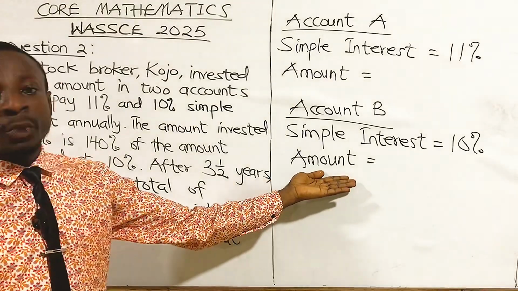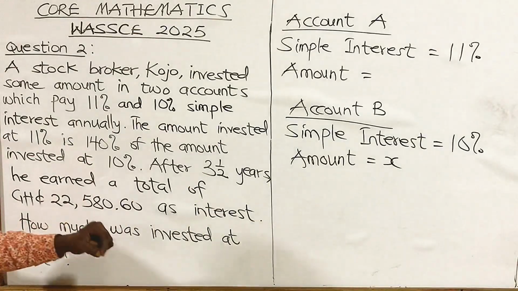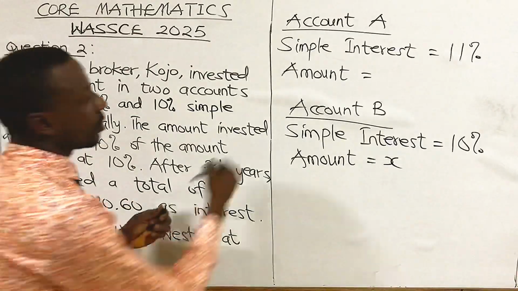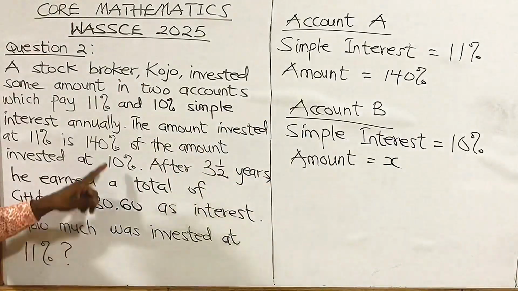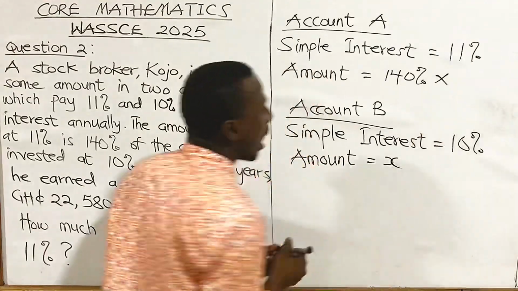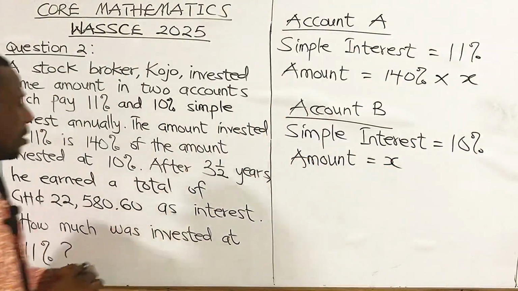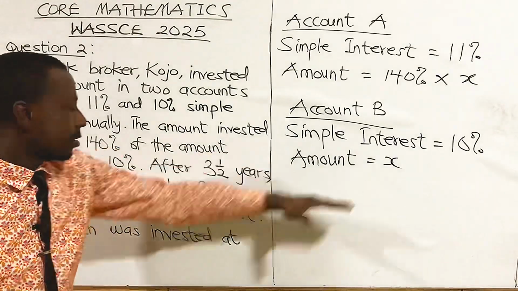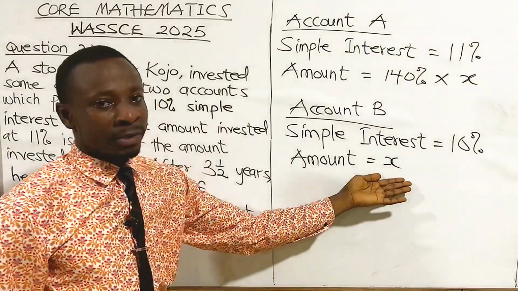So the amount in account B, I am going to represent with X. The amount in account A, which has 11% simple interest, is equal to 140% of the amount in account B. "Of" here means multiplication, so 140% times X.